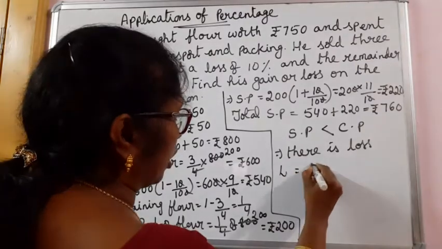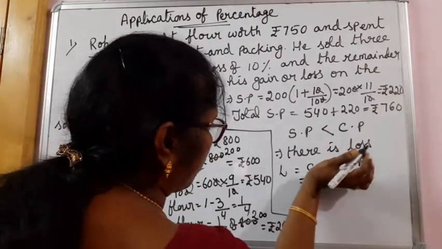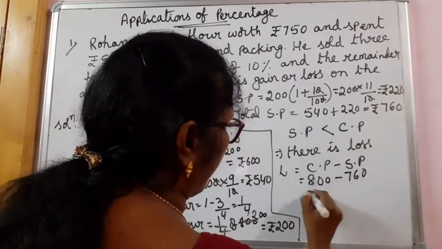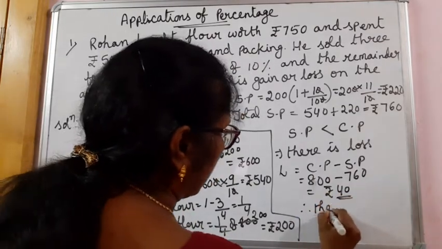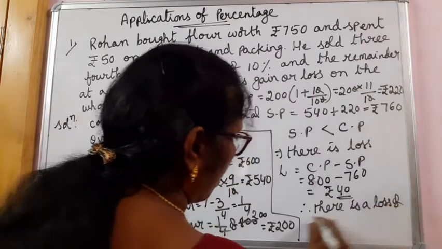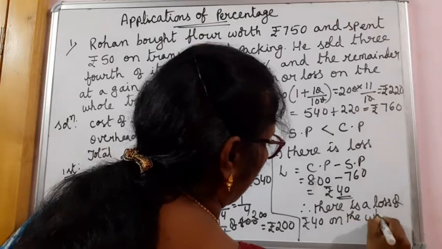So loss equals CP minus SP. CP is 800 rupees and SP is 760 rupees, that is 40 rupees. Therefore, there is a loss of 40 rupees on the whole transaction.